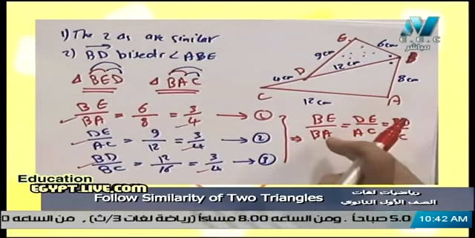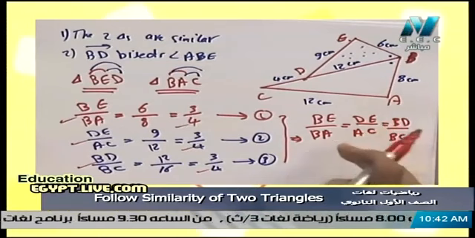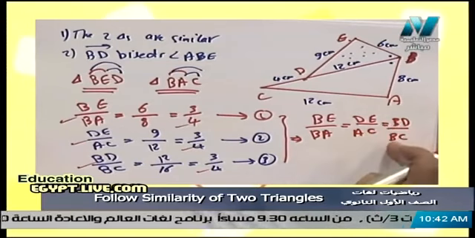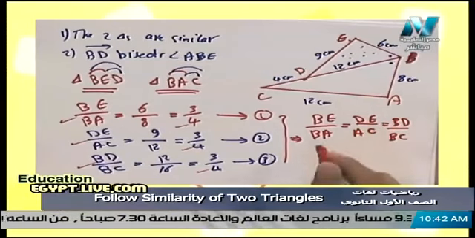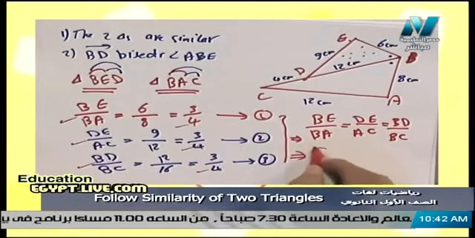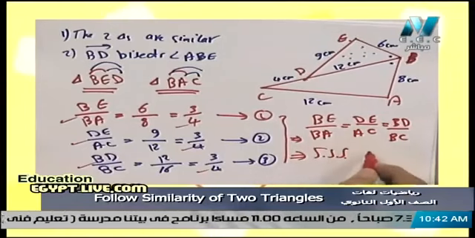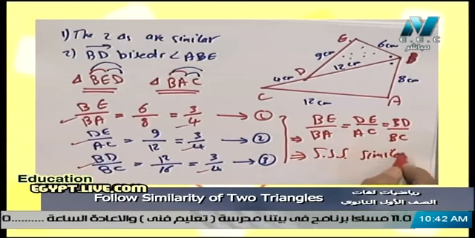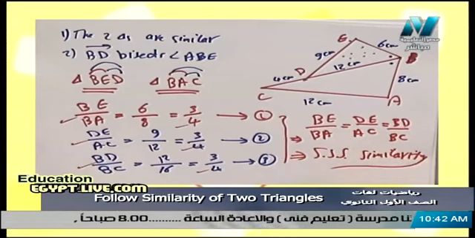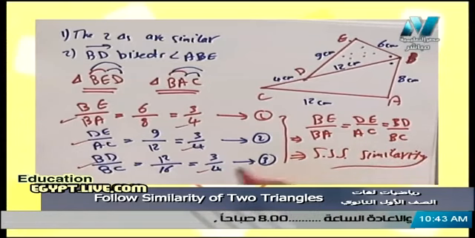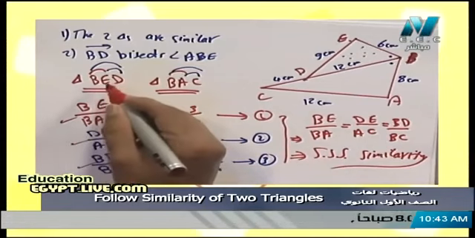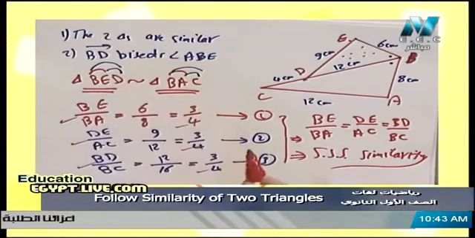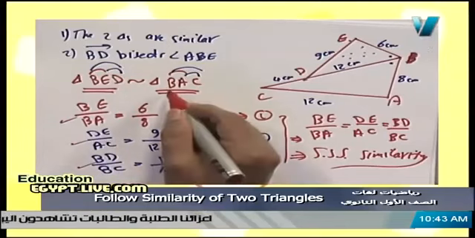Each ratio equals the other, so each two corresponding sides are proportional. So by the SSS similarity case, we have proved that triangle BED is similar to the other triangle, which is BAC.